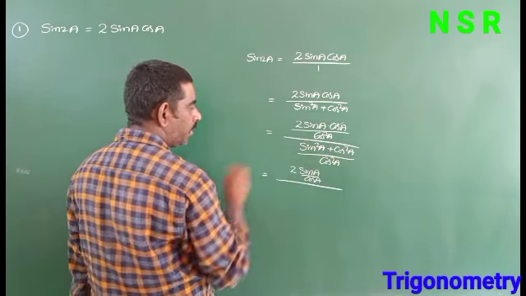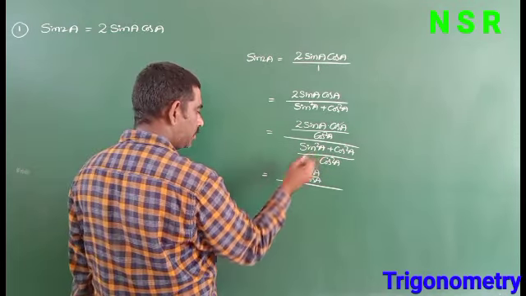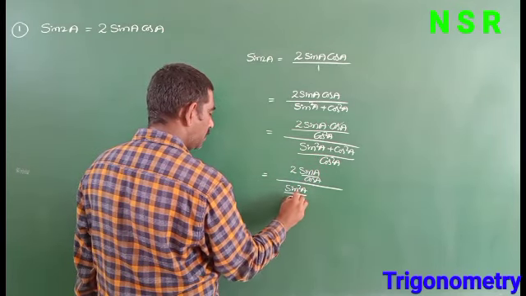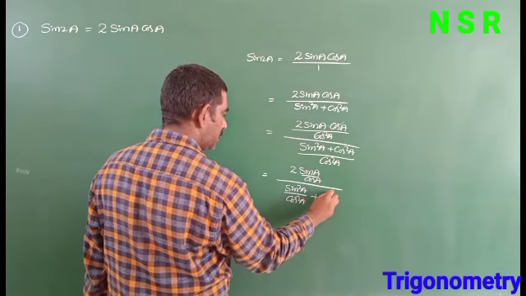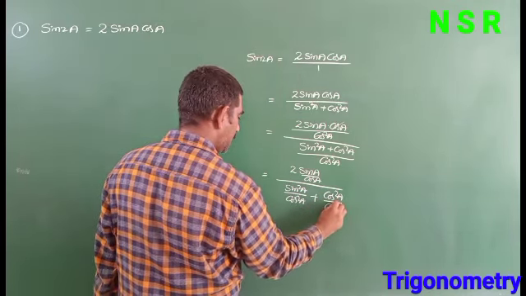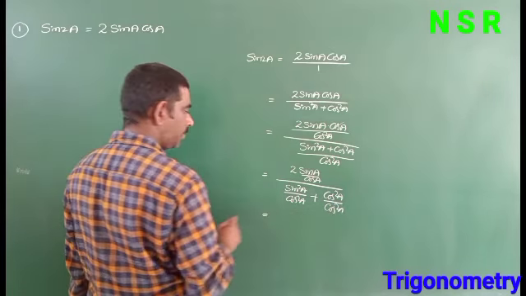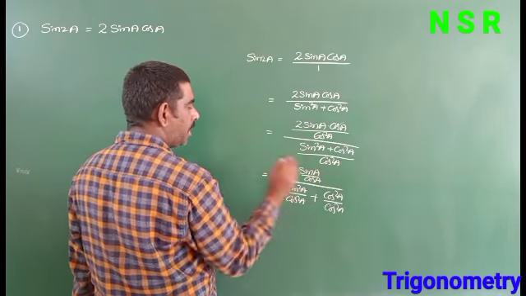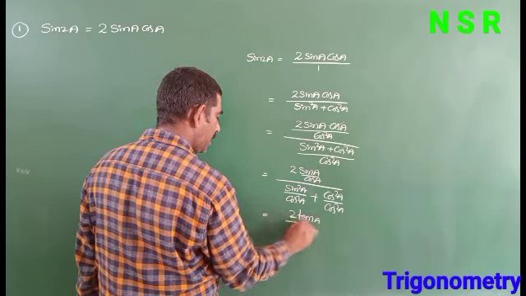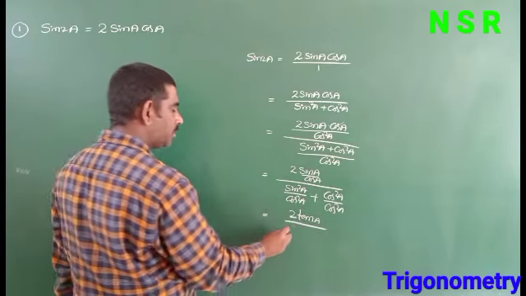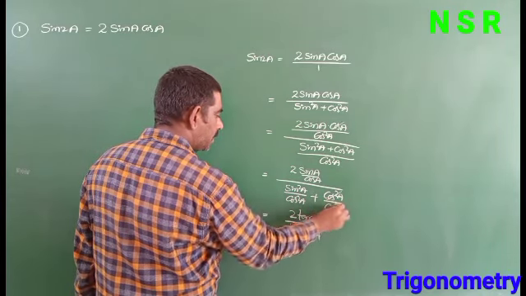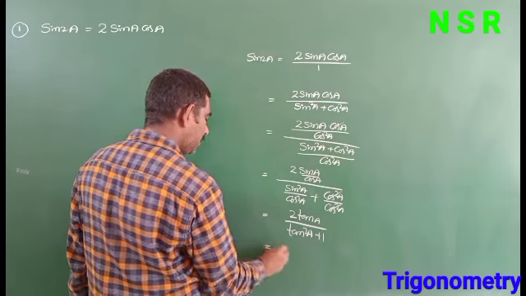So we have two terms. Separate the two terms, and we get sin square a by cos square a plus cos square a by cos square a. So sin a by cos a is tan a, so we can write 2 tan a in the numerator. In the denominator, sin square a by cos square a is tan square a, plus cos square a by cos square a cancels and we get 1.